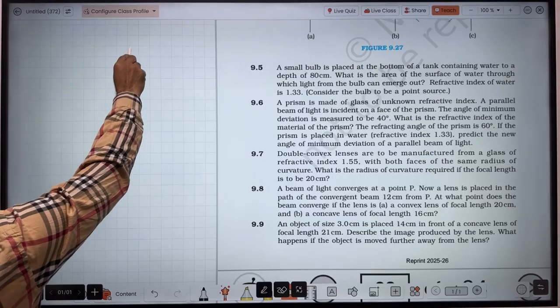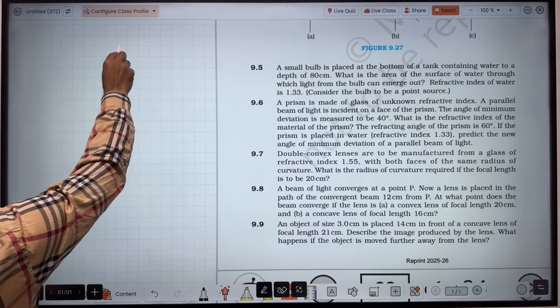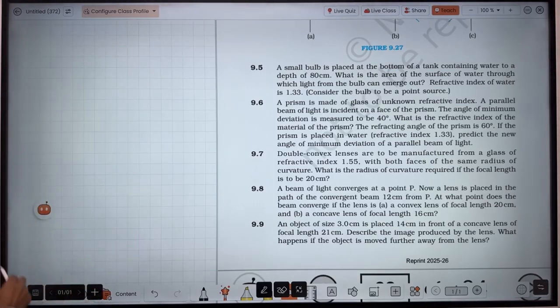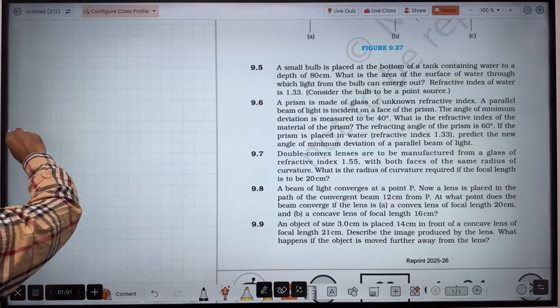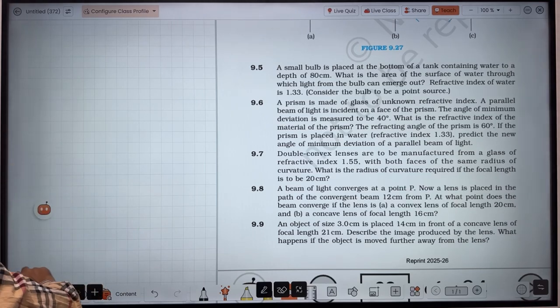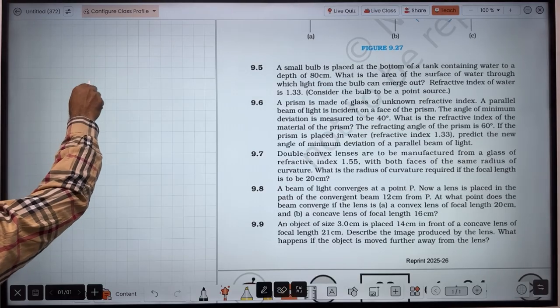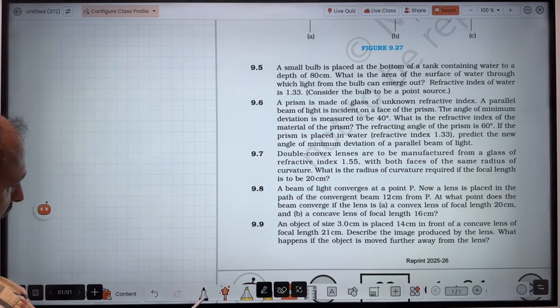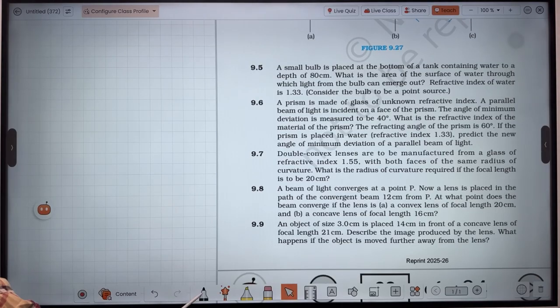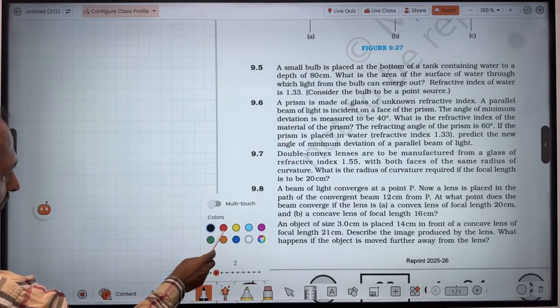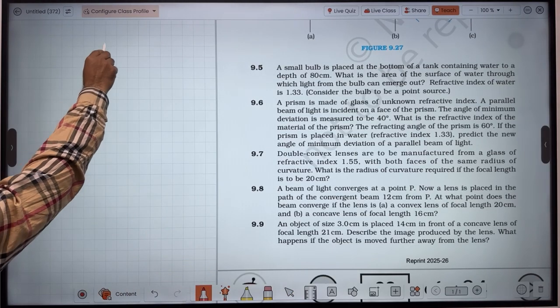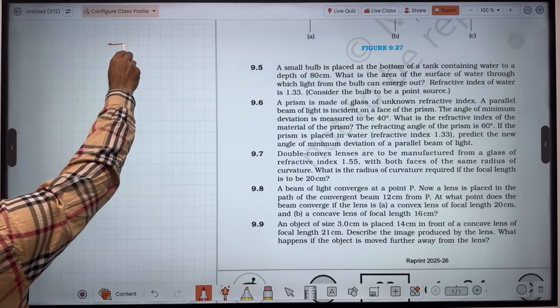So let's consider the tank. Suppose this is the tank.